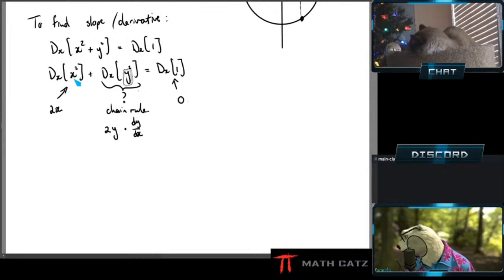When the letters here are the same, then I don't have to worry about it. When the x, that's why I like the big D notation, when the x, which is the independent variable, is not the same as the variable that I see in my square brackets, it's the chain rule, because that variable is a function of the independent variable.